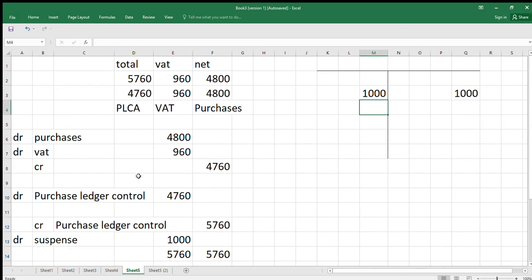Then here, what I did was write out the journals again, and that gave me a really good idea about what was posted here, and which side the suspense account must be sitting on, the thing that would have made that balance.